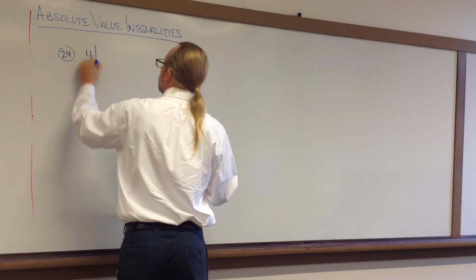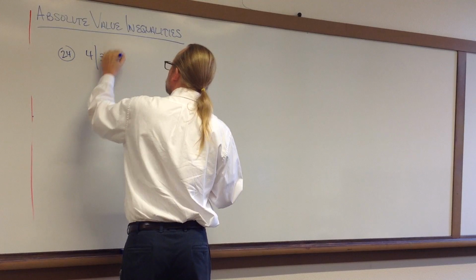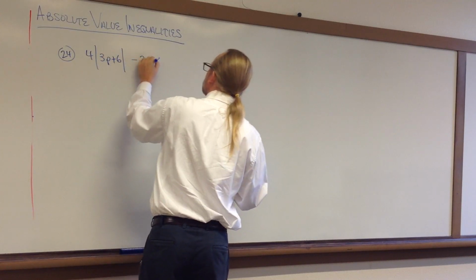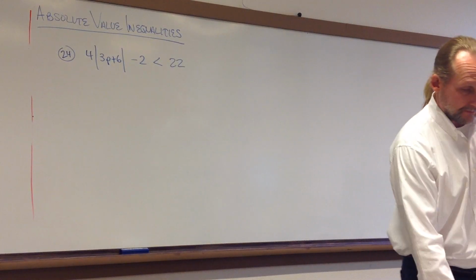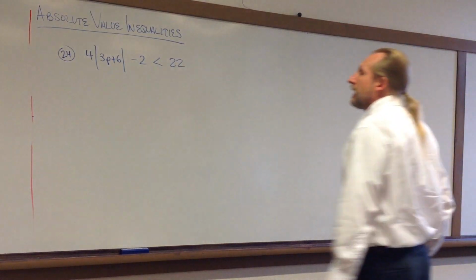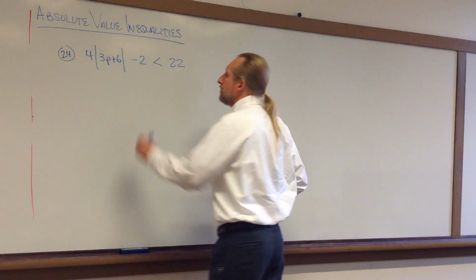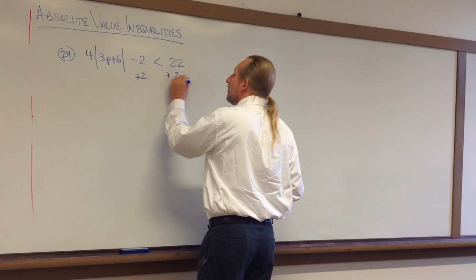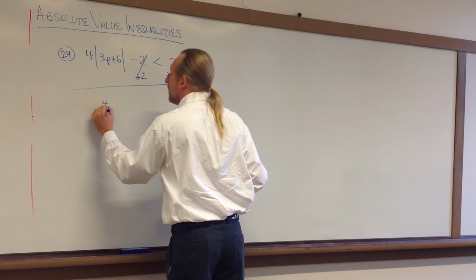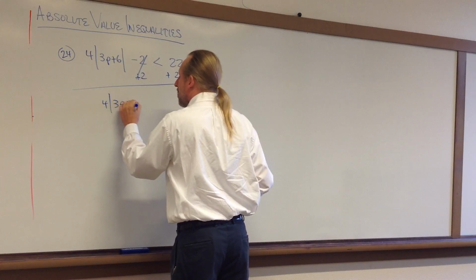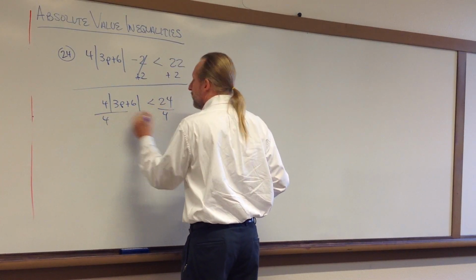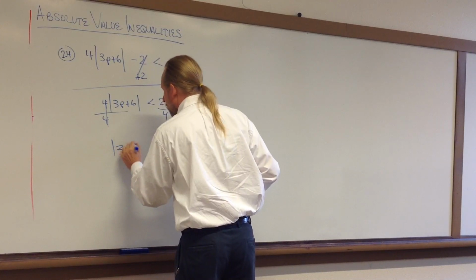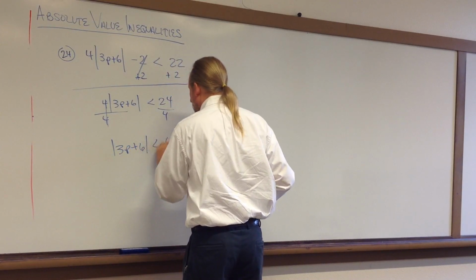We've got 4 times the absolute value of 3p plus 6 minus 2 less than 22. So again, we want to get this absolute value by itself. So I'll add 2 to both sides. That'll be 24. And then we'll divide on both sides by 4. And that'll be 6.